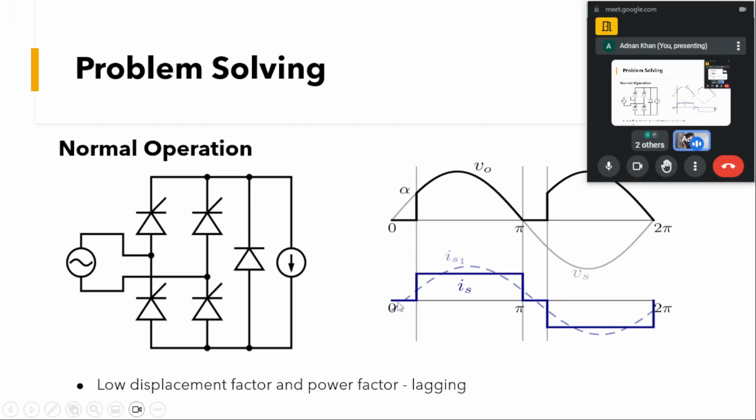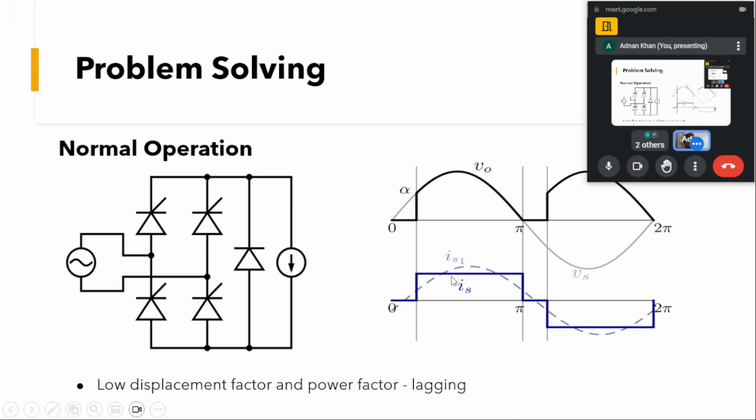Also, this blue color shows our source current. This is a quasi square wave, which we also saw in the previous problem solving session. If we do the Fourier analysis of this quasi square wave, it will have a fundamental and other subsequent harmonics.